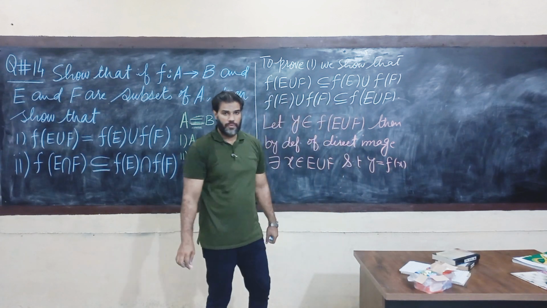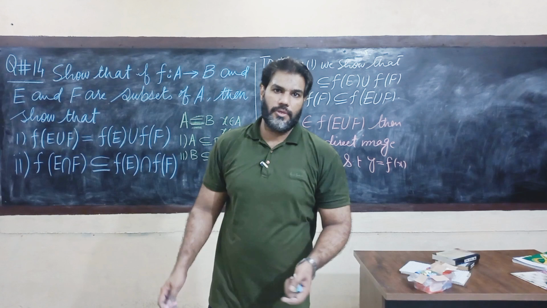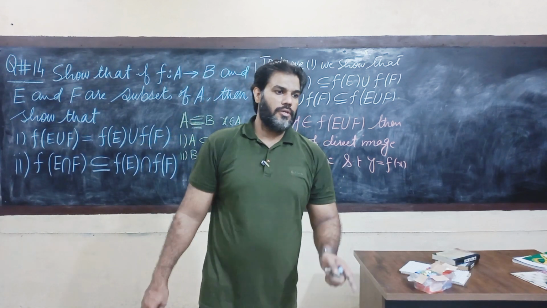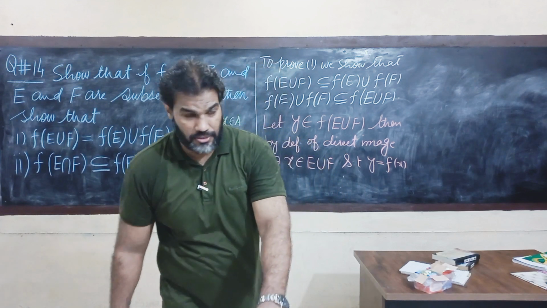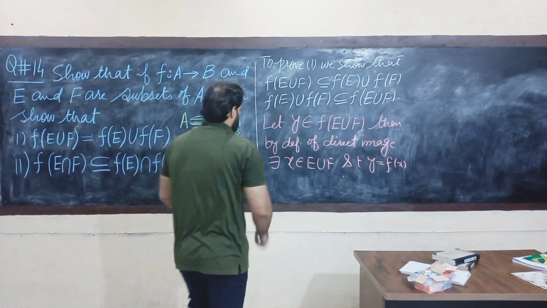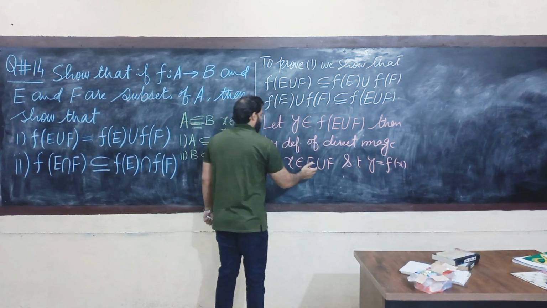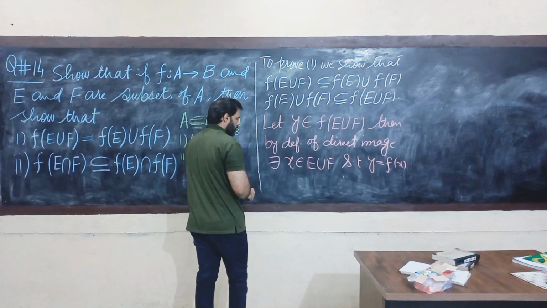This is the definition of direct image. If y is an arbitrary element from the set of direct images, then there exists a pre-image x belonging to this set such that y is equal to f of x.